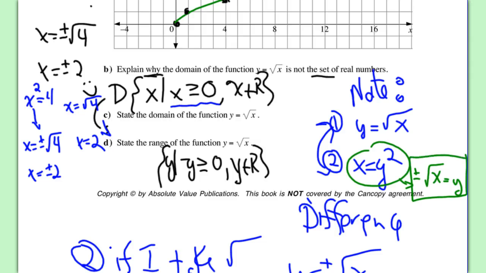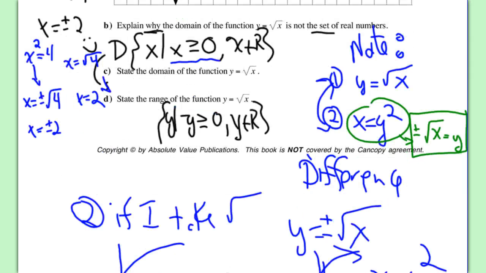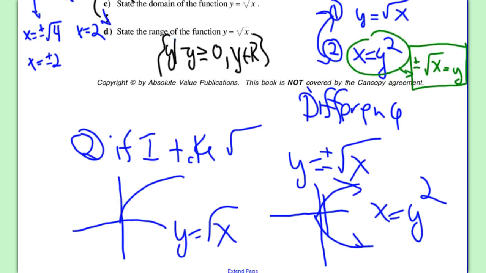So in this function, number 2, it has 2 branches, and there's a major difference. Y equals square root x would just be the positive square root of x, like we looked at in that table of values up above.